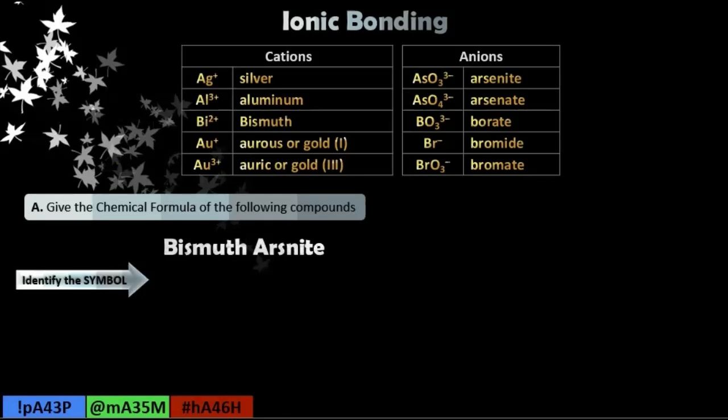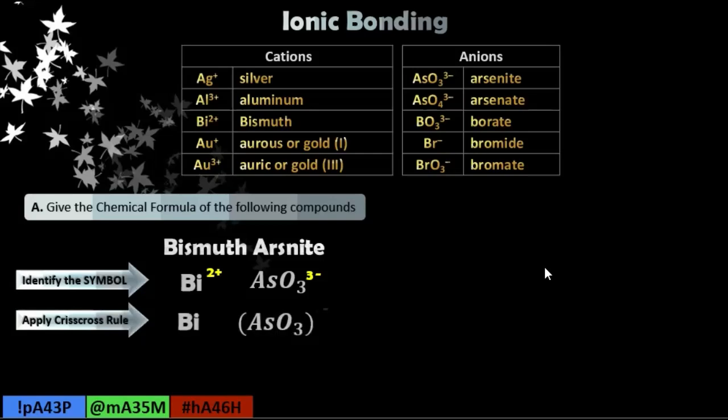Bismuth is Bi with a 3+ charge and arsenide is this one. So copy. Next is to apply the crisscross rule. So what is the crisscross rule? The crisscross rule is that the charge of arsenide will be the subscript of bismuth, and the charge of bismuth will be the subscript of arsenide. So this is how it looks, and the final answer, they are just the same.